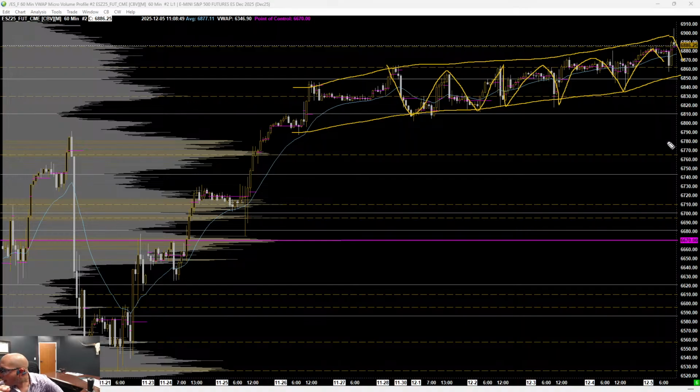So if the buyers can't, this won't trend in this channel forever. At some point there's a break above, an explosion, an ignition bar above, or this just dies out of exhaustion and rolls over. Now, again, it hasn't rolled over yet.